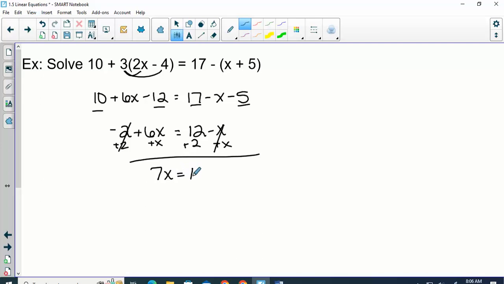So we have 7x equals 14. Divide by 7 and x is 2. And nice thing about an equation, what can we always do? Yeah, we can always plug it back in and check our answers that way.